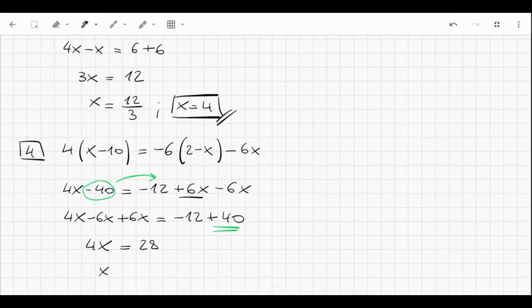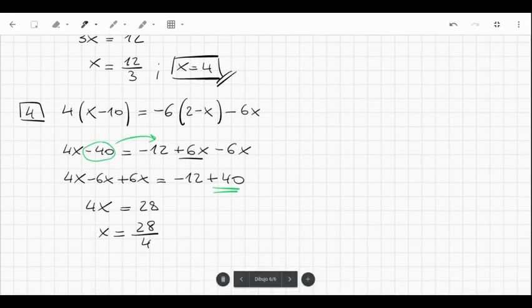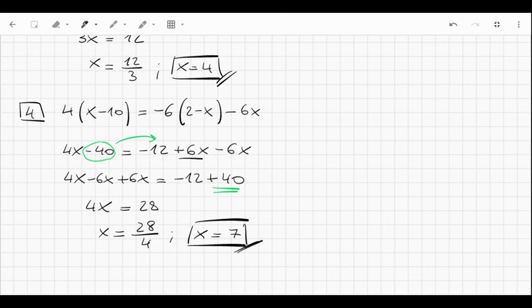So now x would be 28 divided by 4, and this implies that x is 7. And we finished also this one.